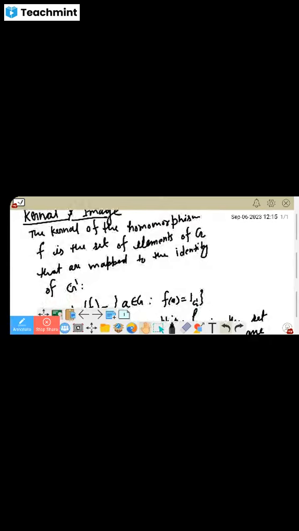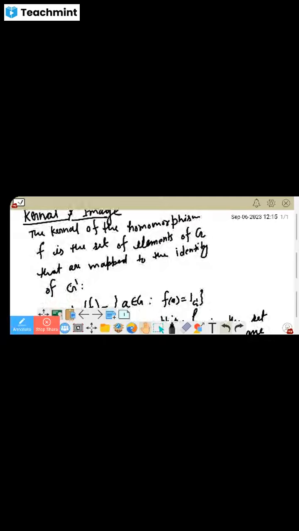For example, we have elements A, B, C, and they are associated with the identity of G dash.